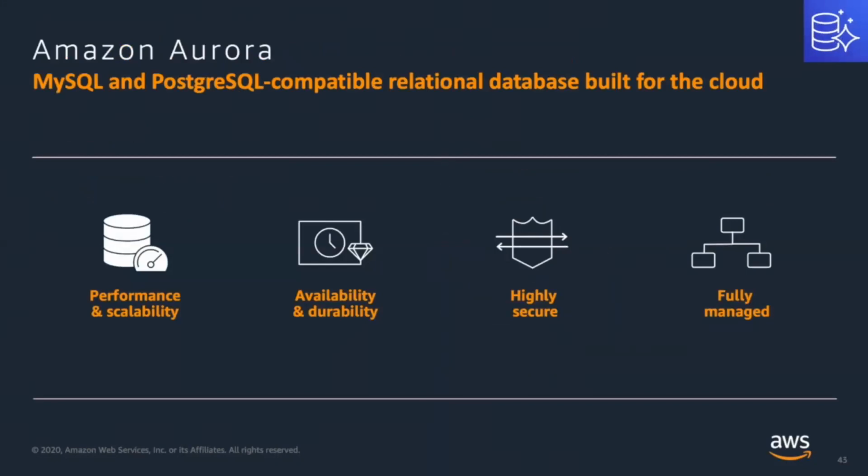For those of you who are using relational databases, we have Amazon Aurora Serverless. It is an on-demand auto-scaling configuration for Amazon Aurora where the database will automatically start up, shut down, and scale capacity up and down based on your application's needs.